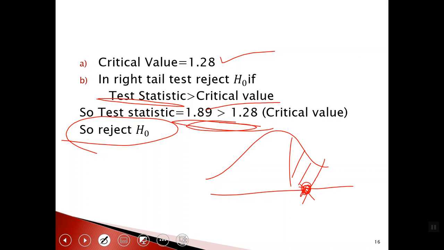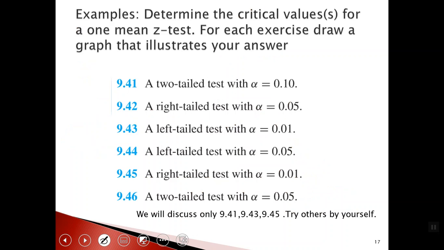Same thing you have to do for a left tail test and a two tail test. Here I have mentioned some two tail tests and right tail tests with different Z alpha values. Let's see how they work. I'm not going to do all of them, just try these by yourself.